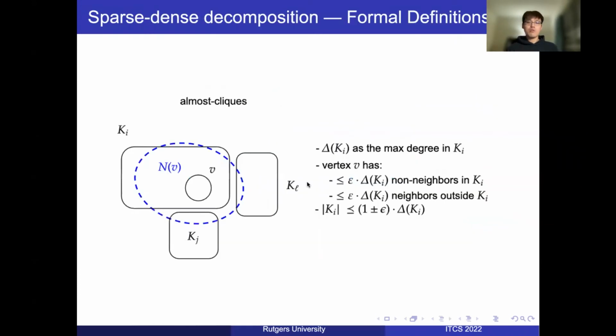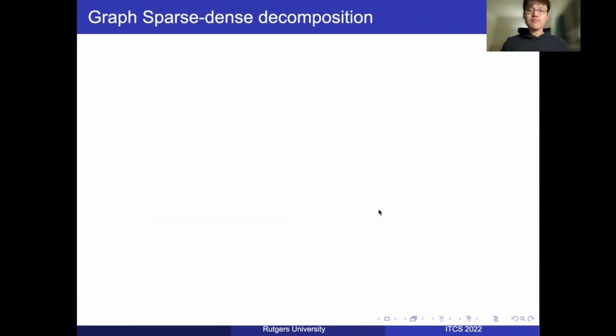To put it more concretely, in this picture, if v is inside K_i, and let delta K_i be the max degree in K_i. For each vertex v, it has at most epsilon times delta K_i non-neighbors inside K_i, and at most epsilon times delta K_i neighbors outside K_i, and the size of K_i is around delta K_i. Okay, this is our new definition for almost cliques.